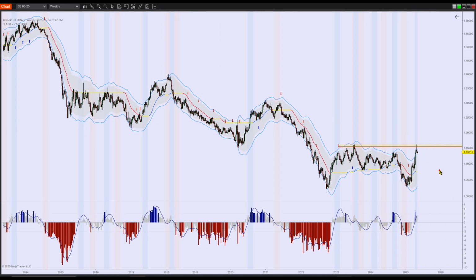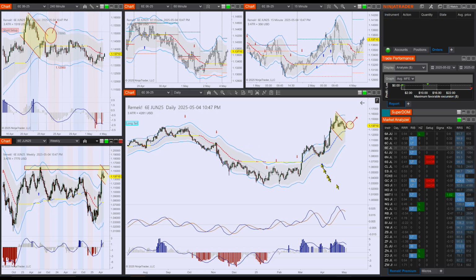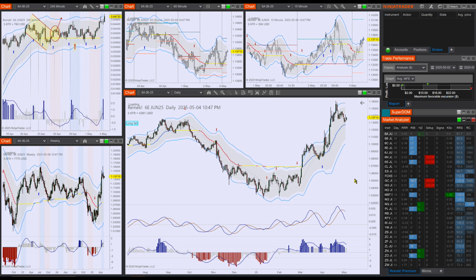This is a weekly chart, of course, so we're going to need a couple of days for this to really get going, but this is beautiful pressure into resistance and potentially the start of a more long-term move here.